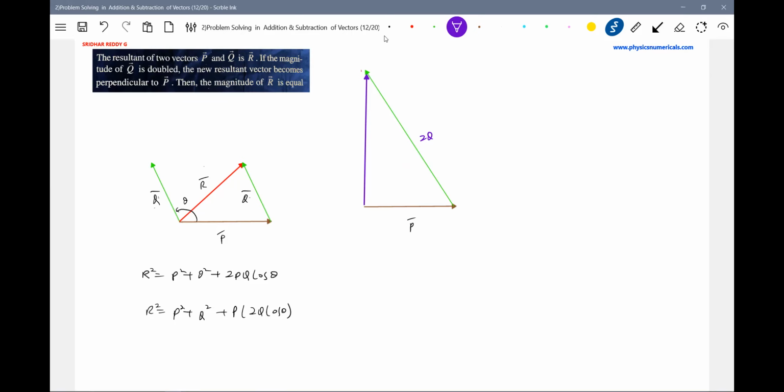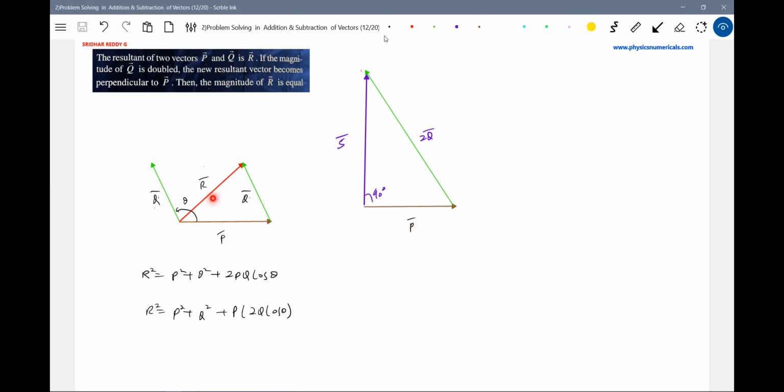The new resultant becomes perpendicular to P. I'll call this S bar. What is the angle or magnitude doesn't matter here. So this is 2Q bar. As your length increases here, the R bar will rotate and will finally become perpendicular.